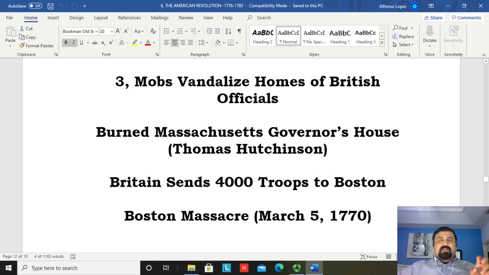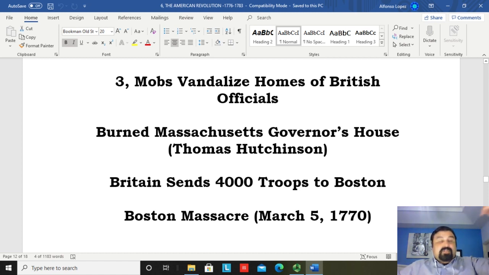On one occasion, this got so much out of hand that one mob actually went to the governor's house, Thomas Hutchinson, and burned the house of the governor. Okay, because the governor, Thomas Hutchinson, was pro-British. He was pro the loss of trade.